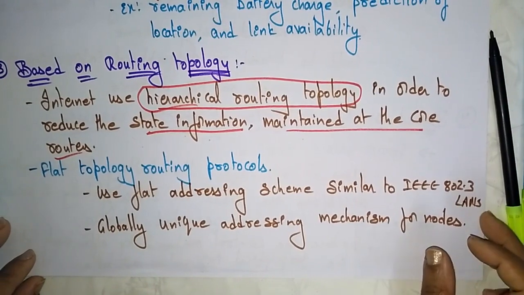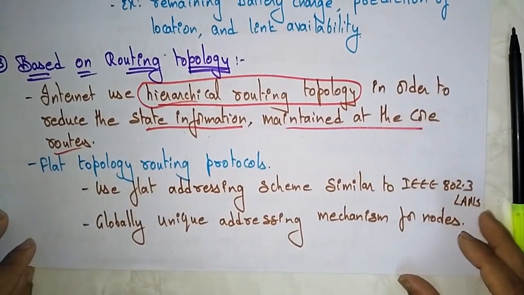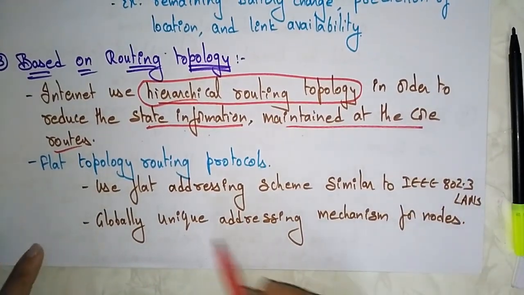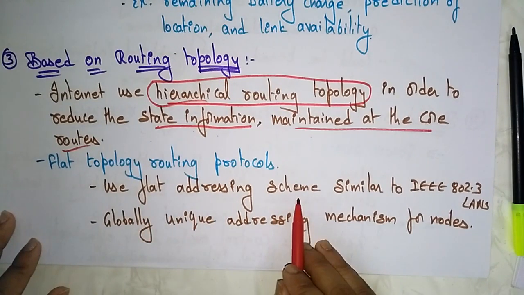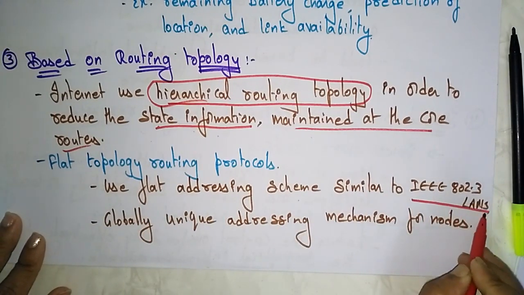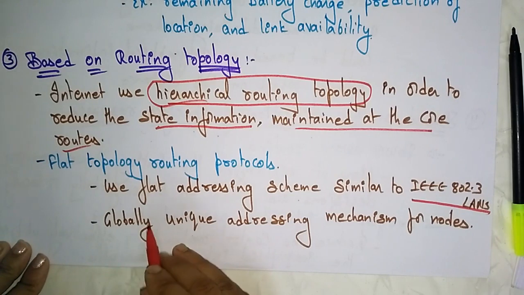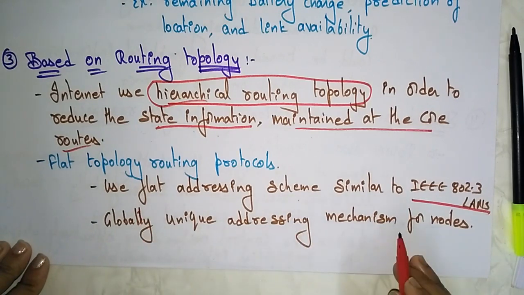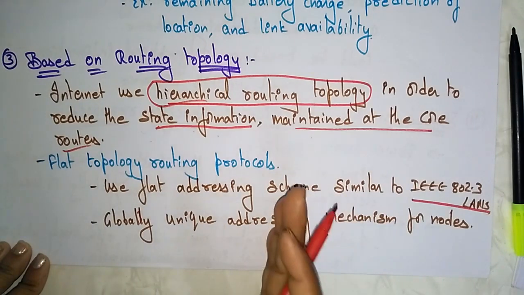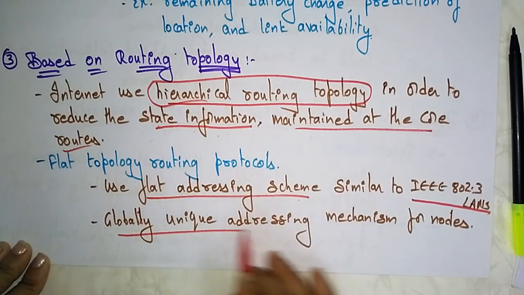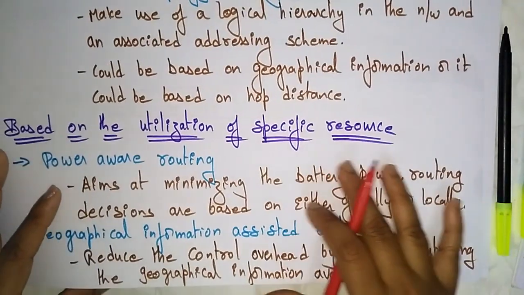So in the flat topology routing protocol, what do you do? It uses a flat addressing scheme similar to IEEE 802.3 LANs and globally unique addressing mechanisms for nodes. Then what about the hierarchical topology?